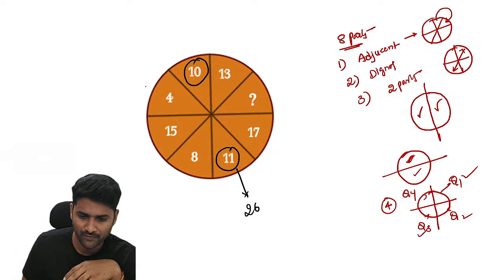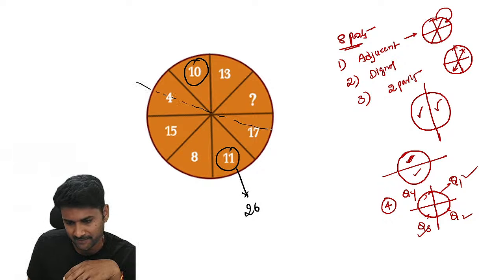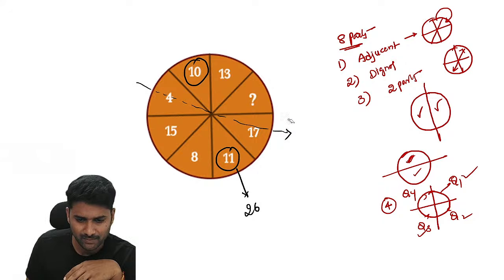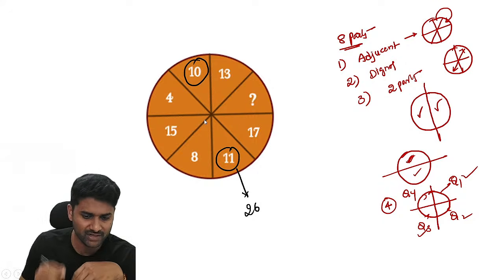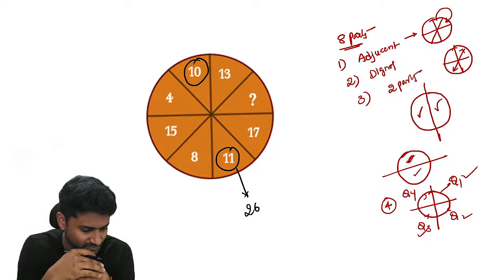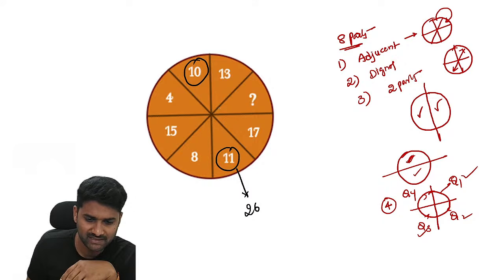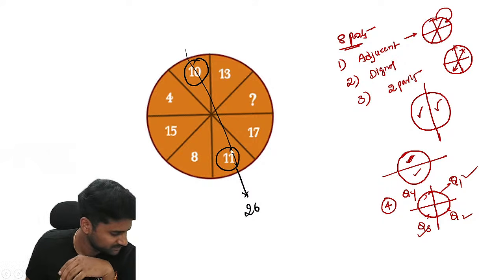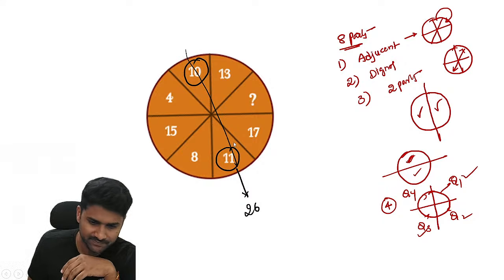In the same way, if you go through the other diagonal, 17 plus 4. Let me check, 17 plus 4 is not 21. So 26 and 21 is not possible. Someone says 19, how is it 19? So diagonally it is not possible. Any other answer?